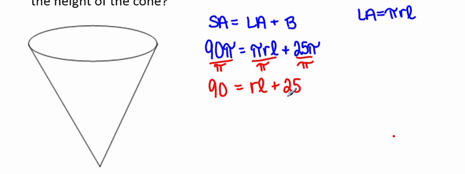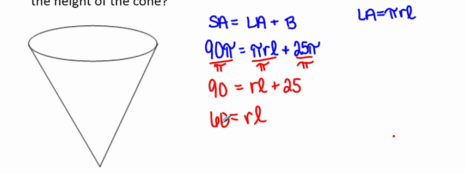I'm going to subtract 25 from both sides. So the product of the radius and the slant height must be 60. At this point I'm at a standstill because I don't know the radius and I don't know the slant height.